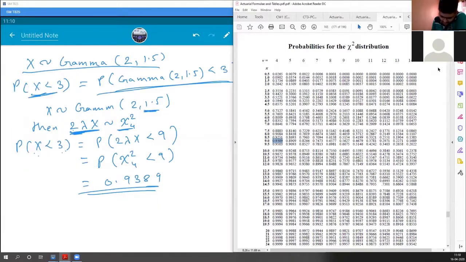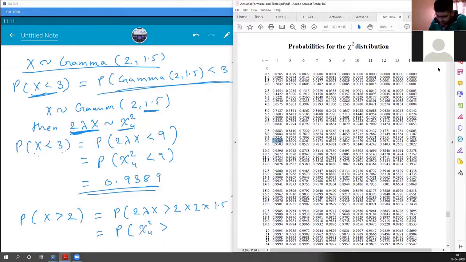Similarly, if I ask what is the probability x greater than 2, we will say again probability 2 lambda x greater than 2 into 2 lambda. So 2 into lambda, 1.5, that would be our chi-square 4 greater than 6.